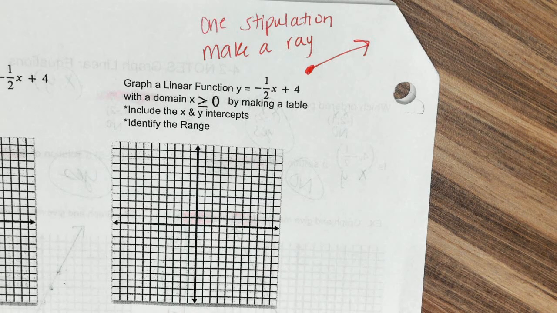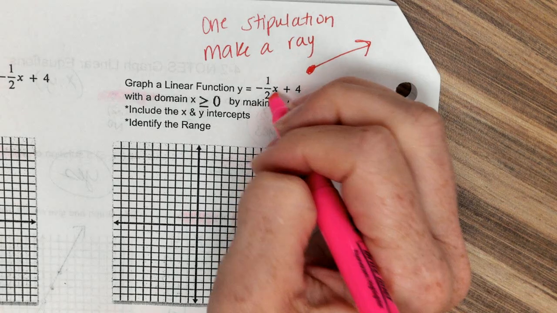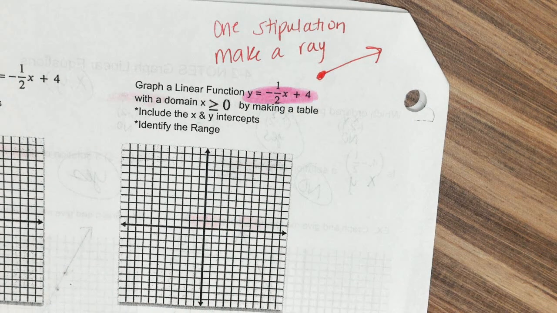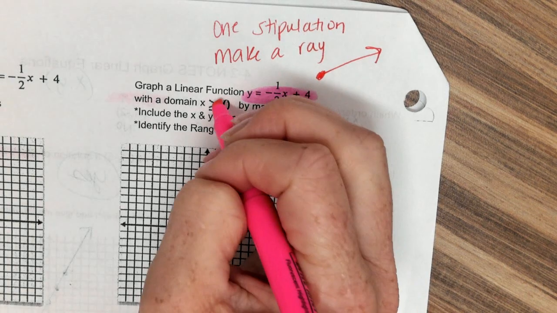If it has one stipulation in the domain, like an inequality, but not with the two numbers, just the one number, make a ray. So they want us to graph this function. But they're very specific about the domain. Look at the domain.